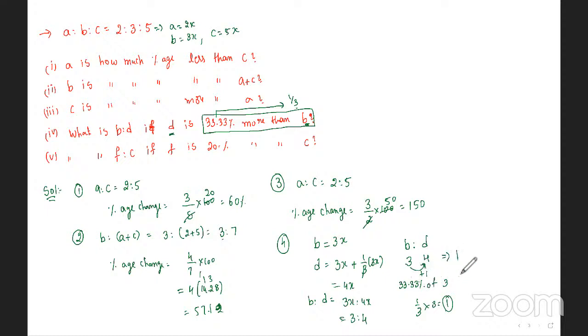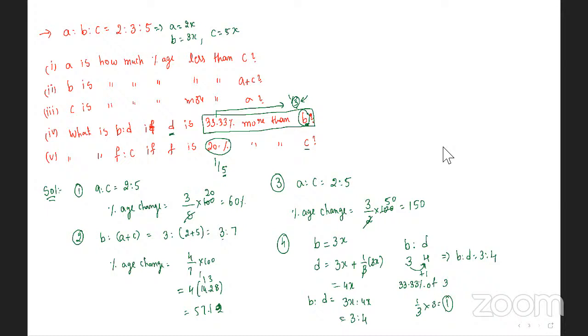So straight away I'll get B is to D is equal to 3 is to 4. ठीक है. आपको करना क्या है, फ्रैक्शन में कन्वर्ट करने के बाद ये डिनोमिनेटर वैल्यू रेफरेंस को देना है.